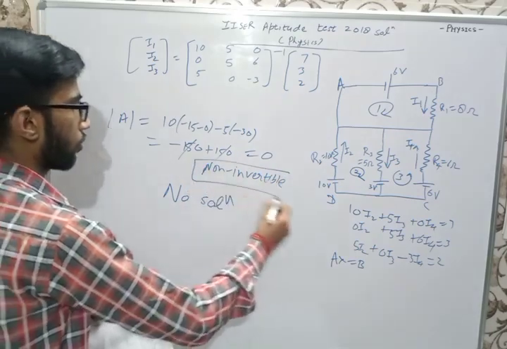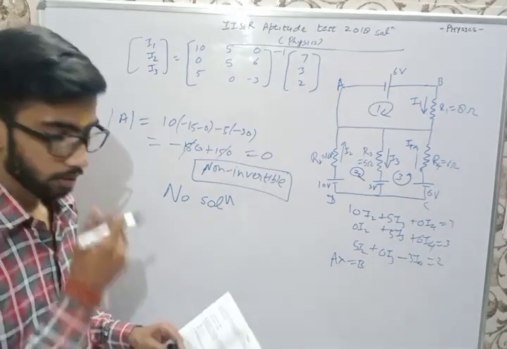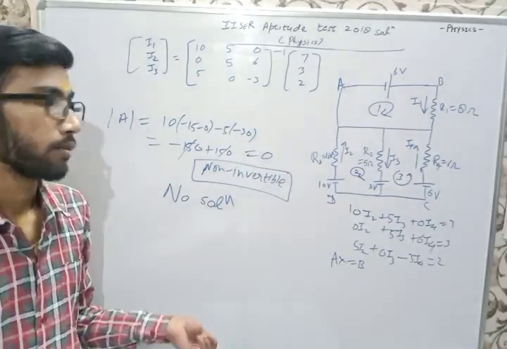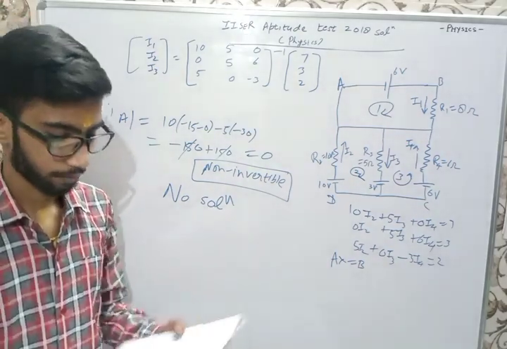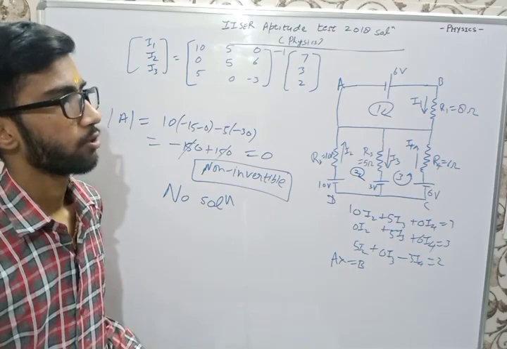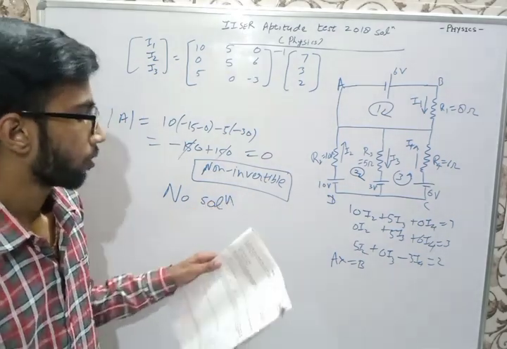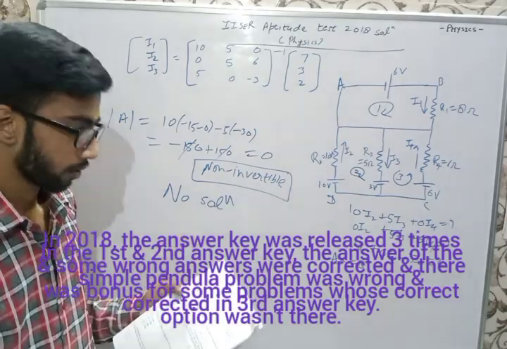In 2010 there were some problems which were controversial, and bonus marks were given for such problems in physics. One was based on the electromagnetic wave, one was on Kirchhoff's law, and one was on the pendula that I have already solved.